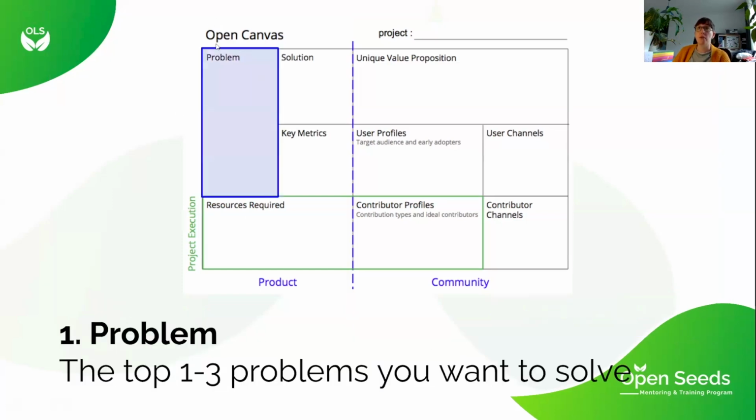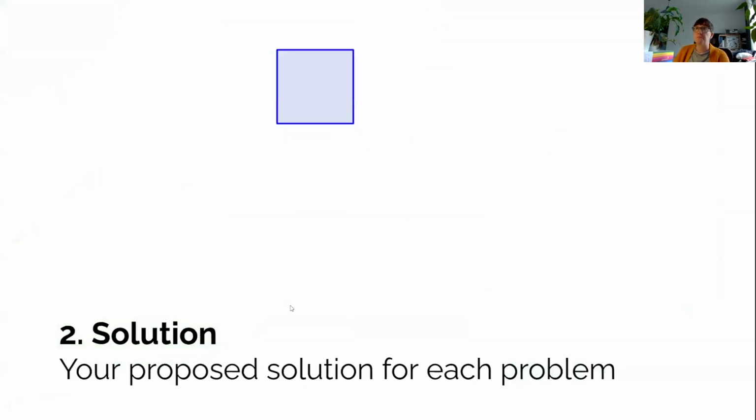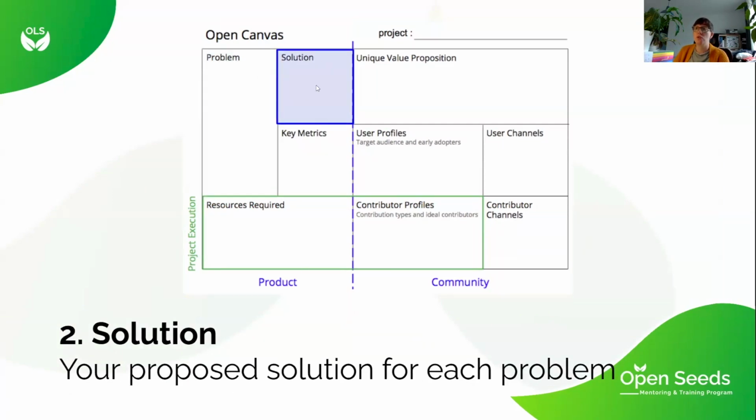First of all, in the problem, I want you to think about the top one to three problems that you want to solve. You can go from high level and define two or three general problems, depending on the project, or you can have just one problem. Then the proposed solution for each problem, if you've mentioned several.